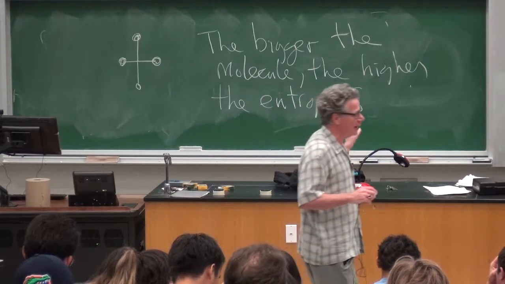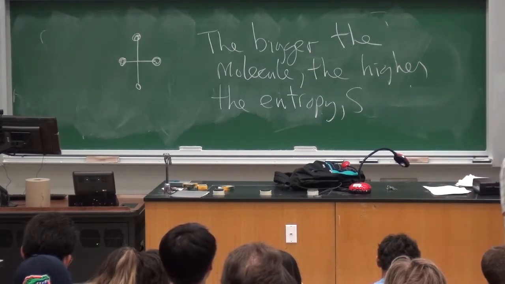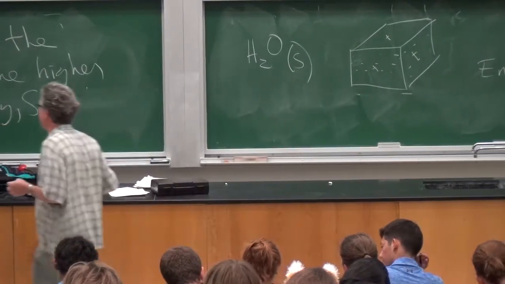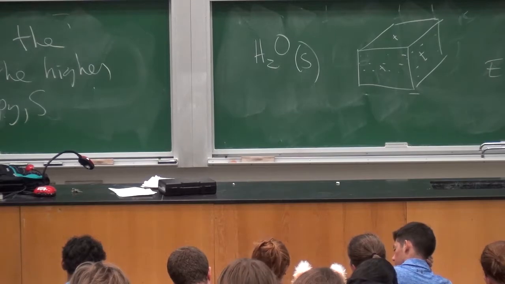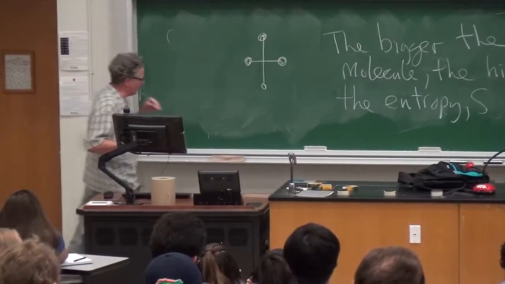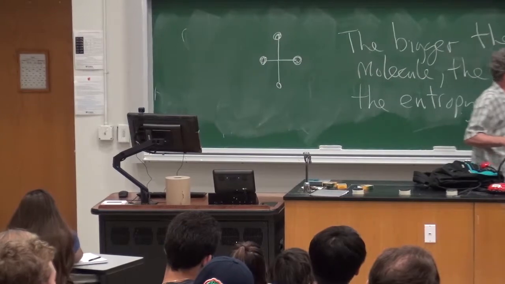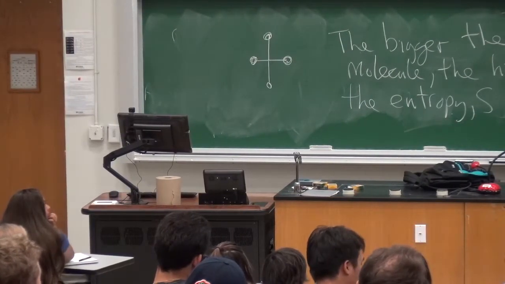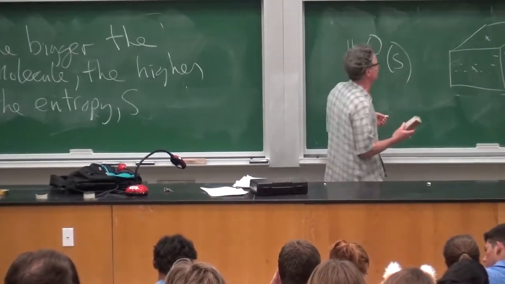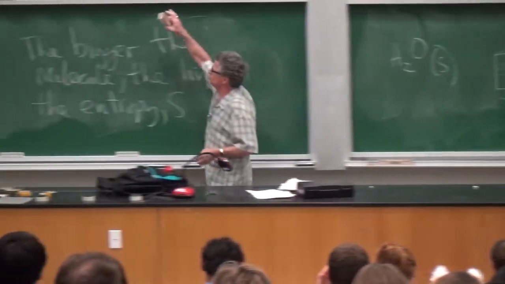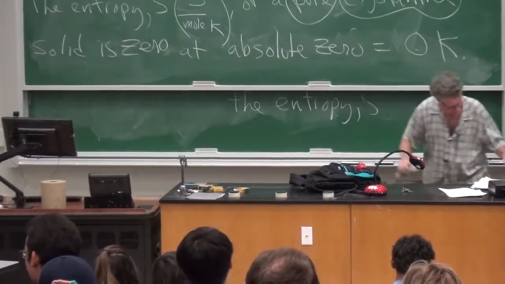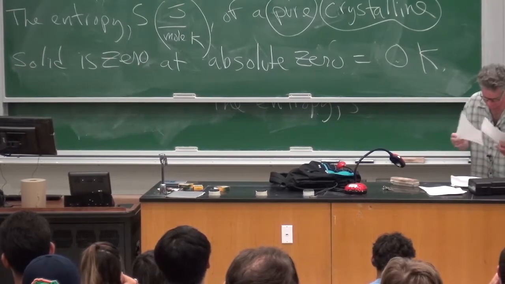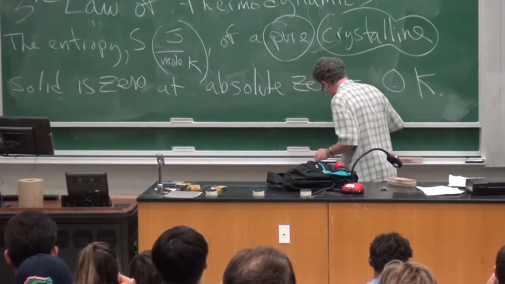One determining factor might simply be the size of the molecule. In general, the biggest molecule will have the highest entropy. So I'm trying to give you a molecular level interpretation of entropy and using that information to predict whether a reaction has a positive or negative entropy change. All right.